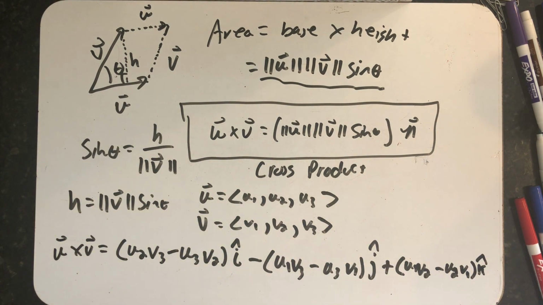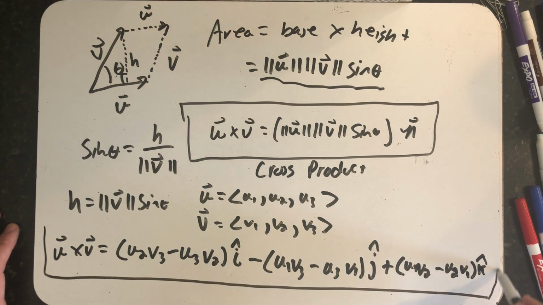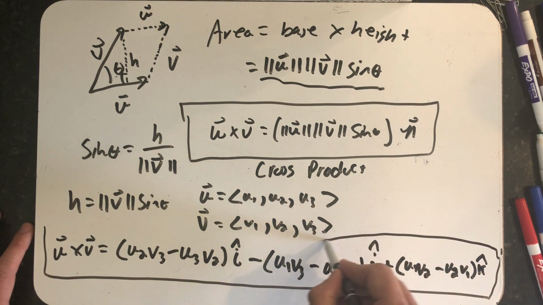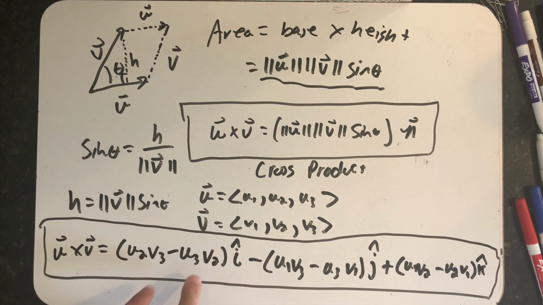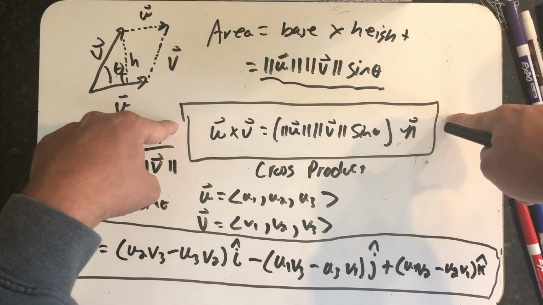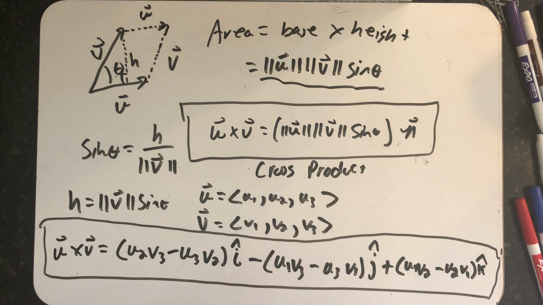All right, and there's a calculation formula for the cross product. That given two vectors U and V, and each of their components, I can calculate the components of my cross product vector. Your textbook includes a derivation of this formula using this definition and then several properties of the cross product.